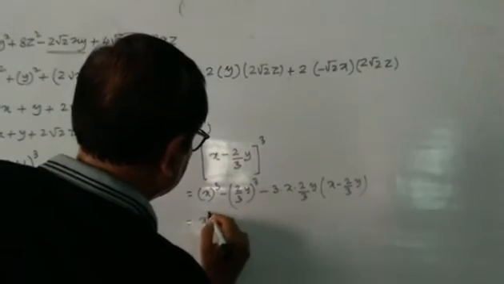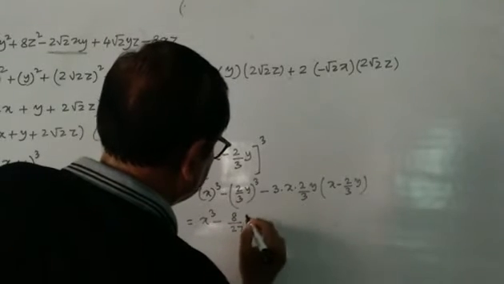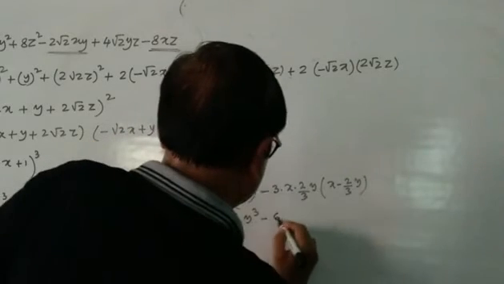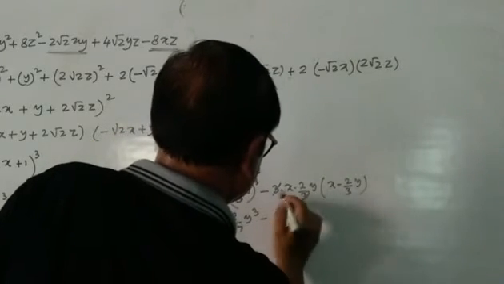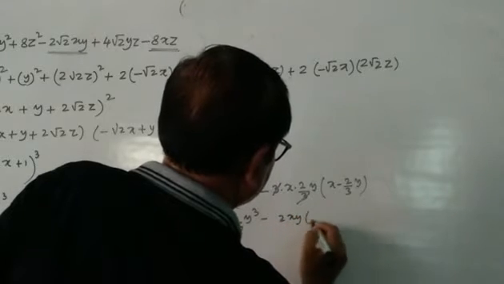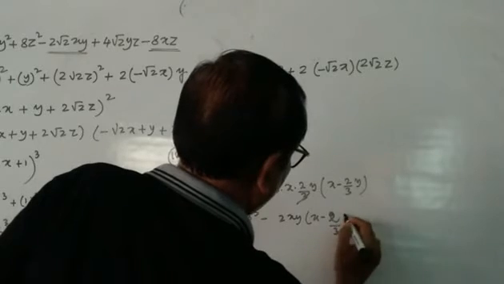It will give us x cube minus 8 by 27 y cube minus 6 by 3, and 3 cancels out. It will be 2xy into x minus 2 by 3y.